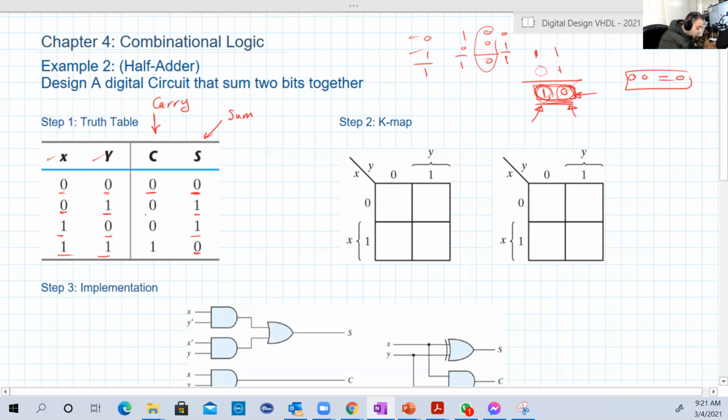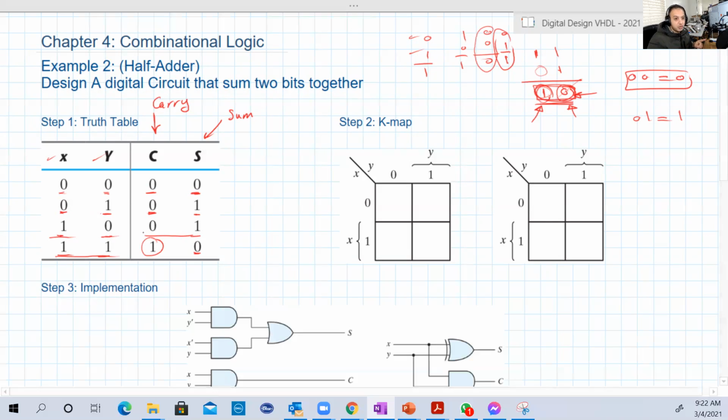When we added 0 and 1, again the carry was 0, and the sum is just 1. When we added 1 and 0, again this is similar to 0 and 1, and the carry is 0. The carry will be 1 only at the last combination, 1 and 1.